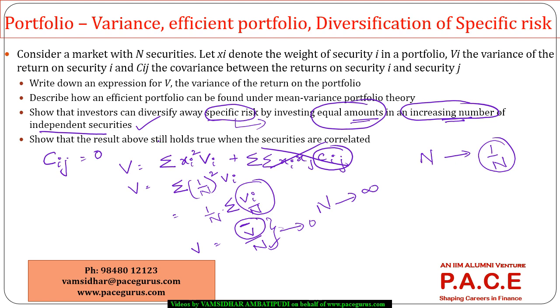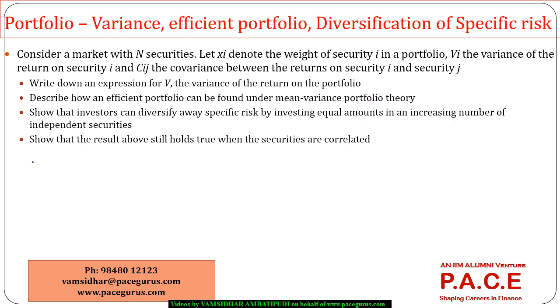But now the question says, show that the result above still holds true when the securities are correlated, which means even if they are not independent, I want to see if I can diversify away the specific risk of the securities. Let's look at it. Sigma xi squared Vi plus sigma xi xj Cij.